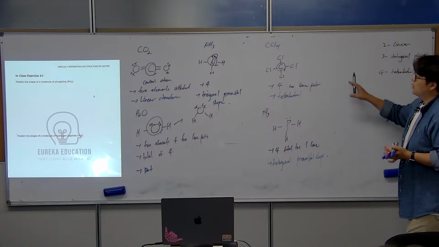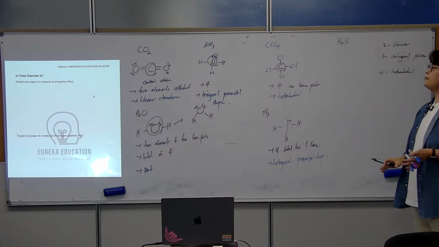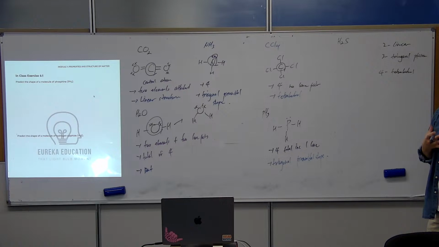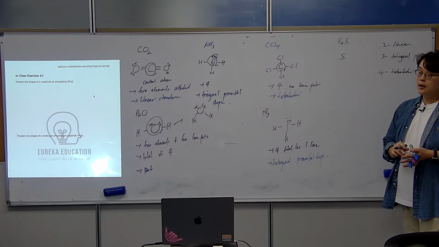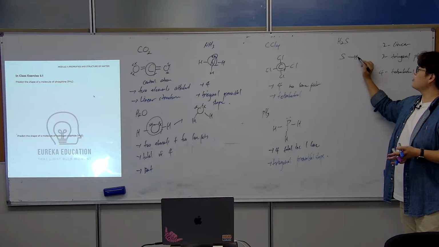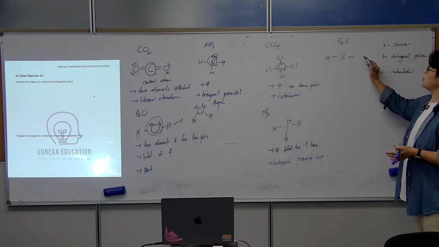Okay. What about the next one? H2S. Start from drawing the diagram. So we have a sulfur probably in the middle. It can form bonds with the hydrogens like this. Only one bond can be formed with each hydrogen.